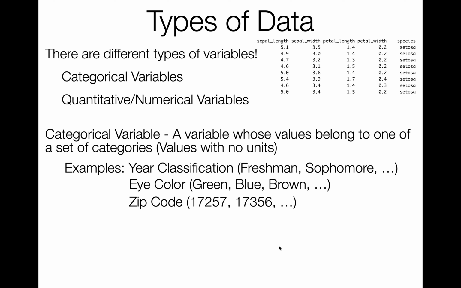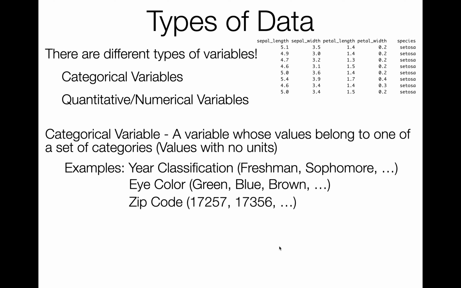Because can you tell me the numerical difference between 17257 and 17356? Technically, you could subtract those two numbers and you'd get 99. But what does that 99 represent? It doesn't represent anything. A difference in zip codes has no meaning.